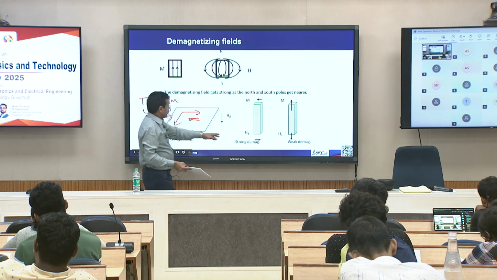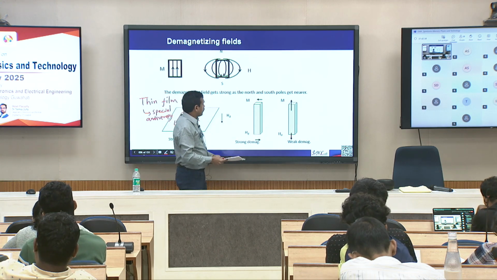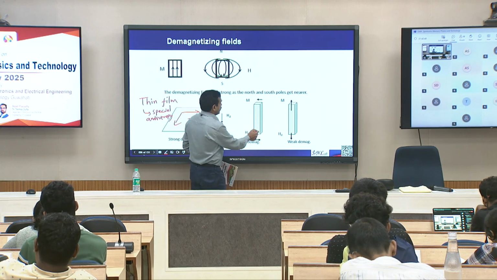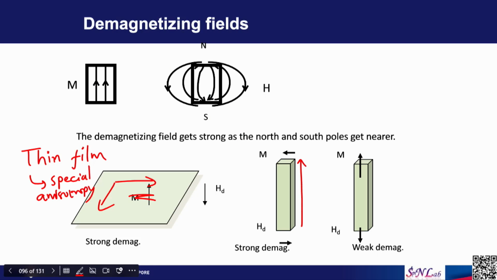So, when you have a magnet of this shape, when you talk about this direction, the north and south poles are very far, so H d is negligible, but if you talk about this direction, H d is high. So, the magnetization is not favored along this direction.